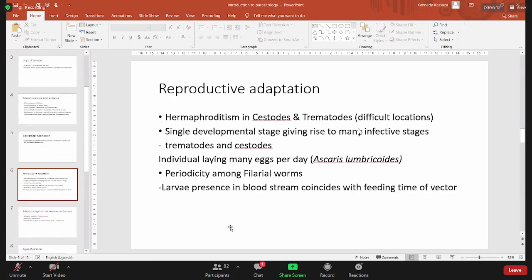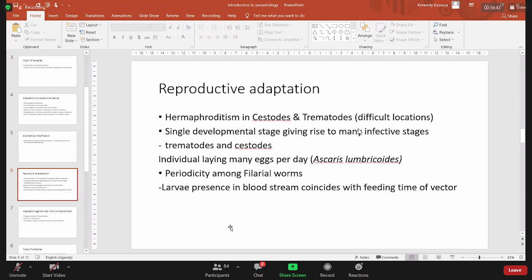There were also reproductive adaptations. Since some organisms find themselves in environments that are inaccessible, there was no need to have two sexes, or two different organisms with different sexes.